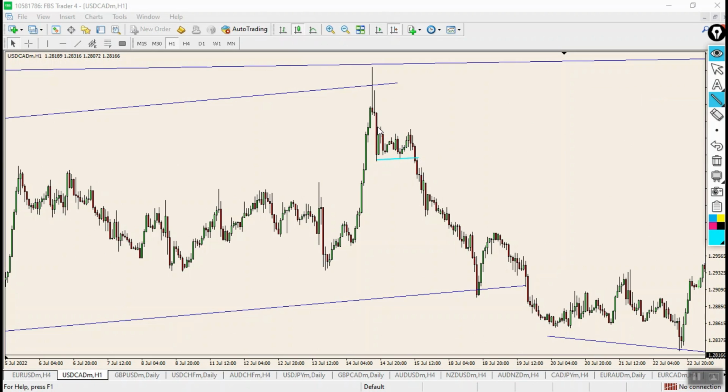Here it is right here. We have this touch, a huge high test, which is a clear rejection of price, an impulsive move to the low, and we have a continuation pattern that continues all the way to the low. This is what we mean by patterns in patterns.